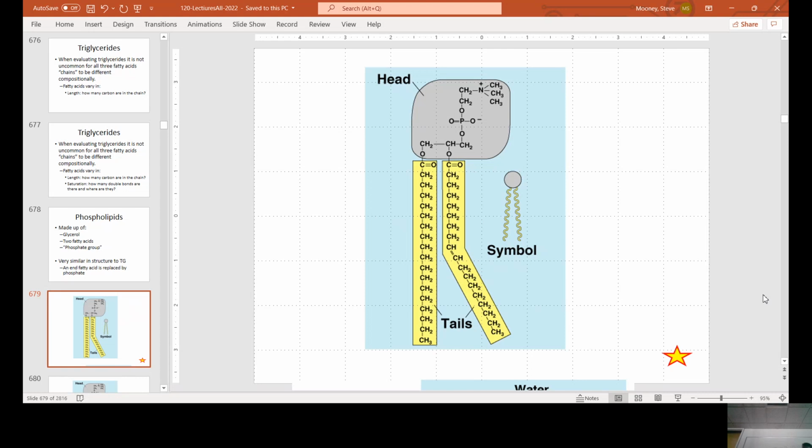That phosphate group coming in there is going to give that part of the molecule a polar field, whereas the two fatty acids are still nonpolar, all carbons and hydrogens. So when we see it, usually in a diagram, we see that polar head and the nonpolar tails hanging out.